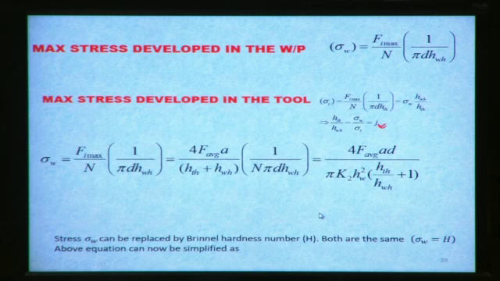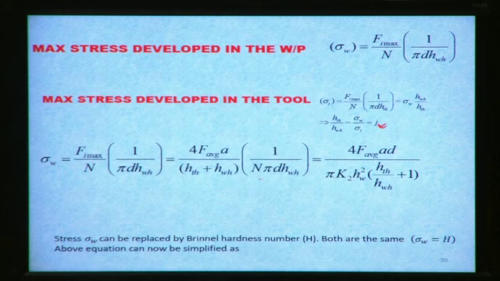Okay. So now we have to calculate the maximum stress developed into the workpiece, equal to Fi max by N divided by pi d h WH, the cross section area into the workpiece. Again we can put average A by HTH plus HWH, the total indentation there.